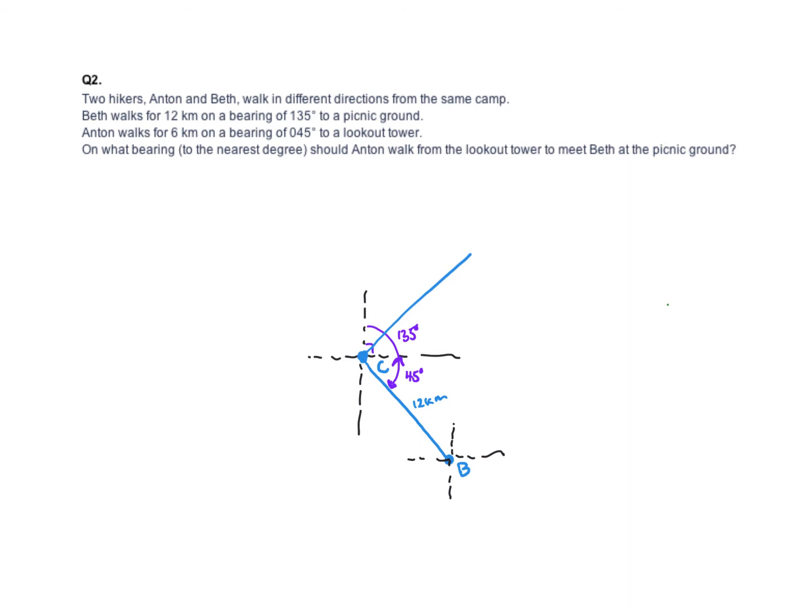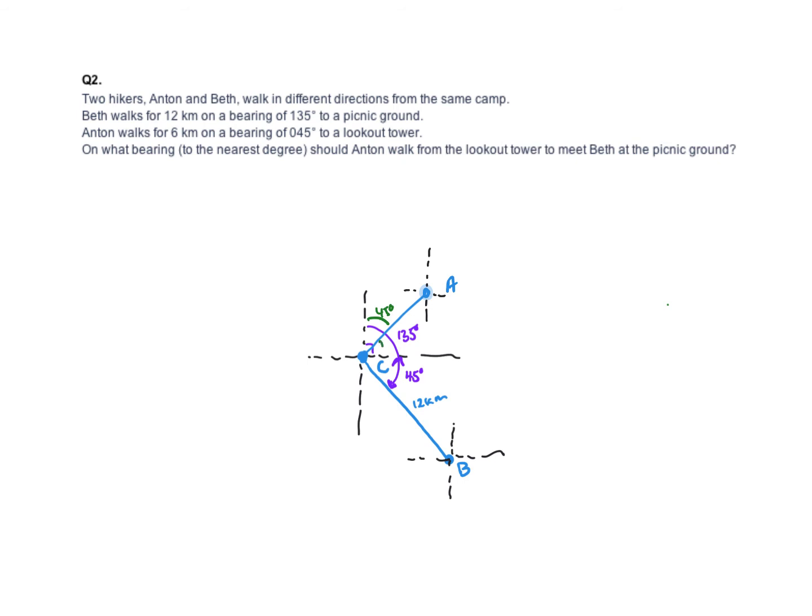I should probably make my line a bit smaller because it's only 6 kilometers. Okay, and this is where Anton ends up, and I might just draw a little compass on him so I can see. Now they told me that this to there was 45 degrees.